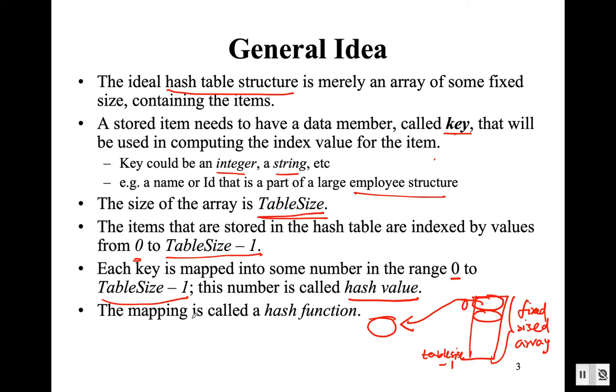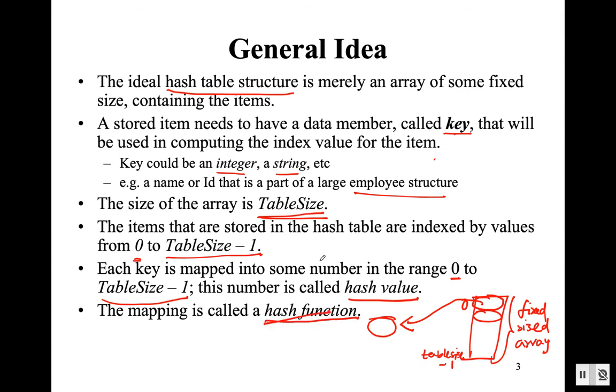This is the main idea of hashing: finding the hash value, and using the hash value to find the item. The average case runtime is going to be constant, and the mapping is known as the hash function.